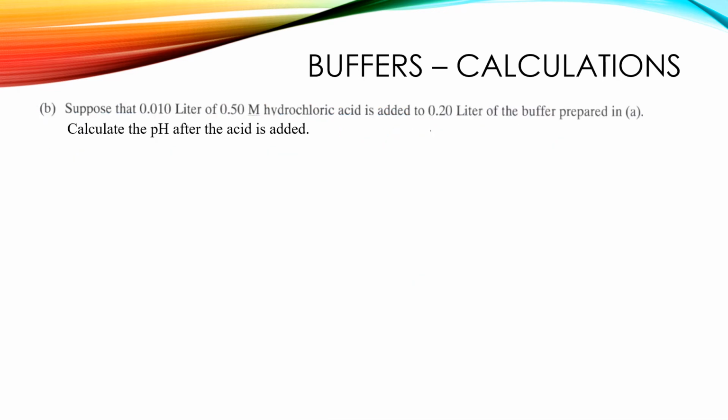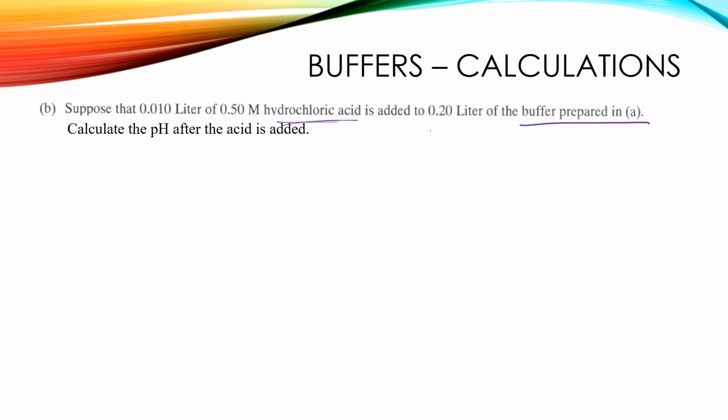Okay, the last type of problem we're going to learn how to do is to calculate the pH of a buffer after we add in a small amount of strong acid or strong base. So in this question, it's telling me that I'm adding 0.01 liters of 0.5 molar hydrochloric acid to 0.2 liters of the buffer prepared in the previous slide.